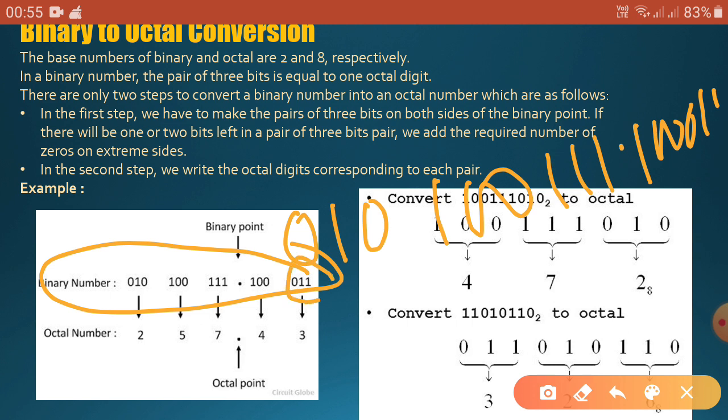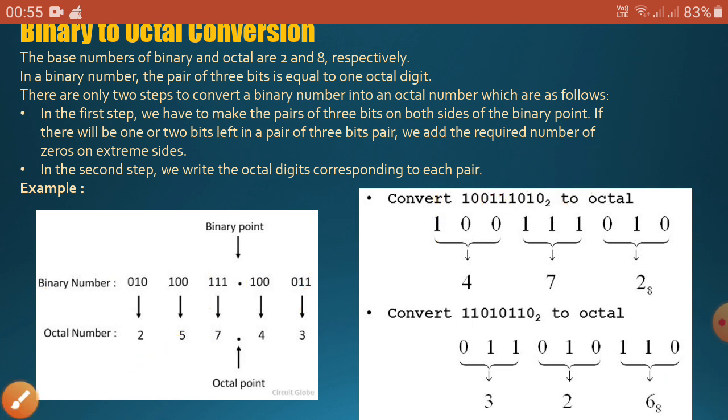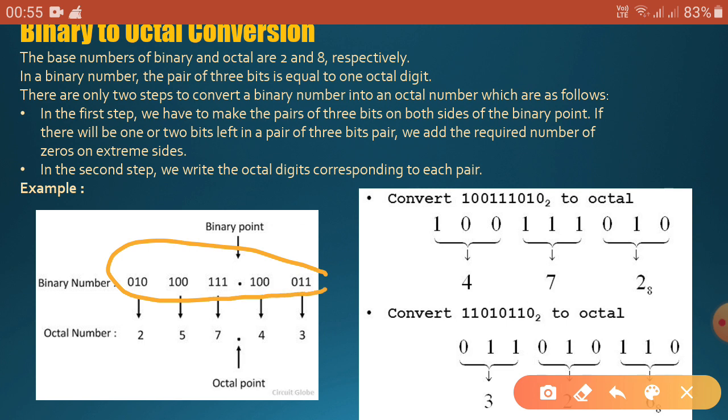So 0 1 1 means 3, 1 0 0 means 4, 1 1 1 means 7, 1 0 1 means 5, 0 1 0 means 2. So what is the octal number of the binary number 0 1 0 1 0 1 1 1.1 0 0 0 1 1, that is 257.43, and the base is 8. Okay, got it?